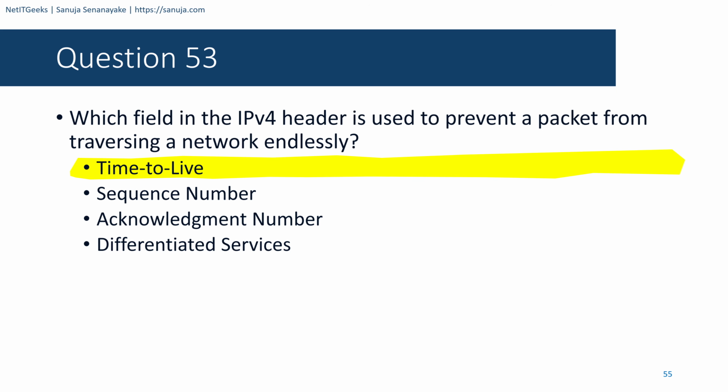The time to live is a timer in the IPv4 packet header that tells intermediate devices in your network how long this packet can remain in the network before the packet is discarded.